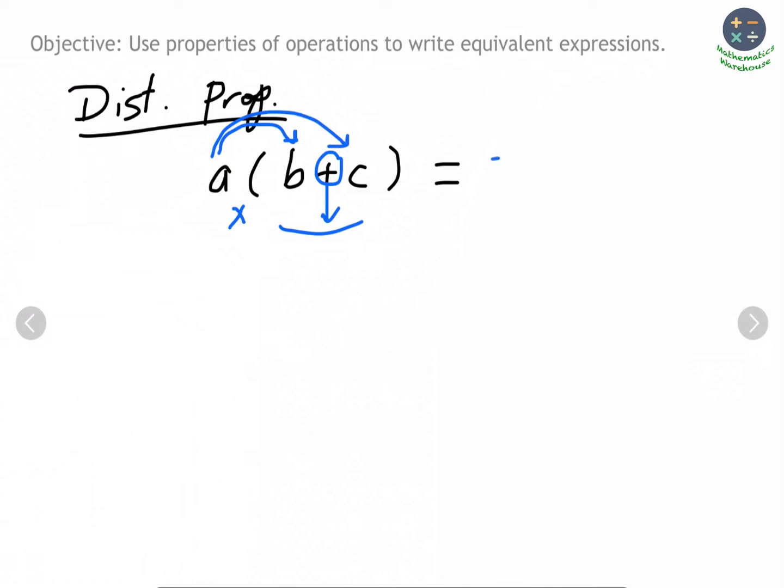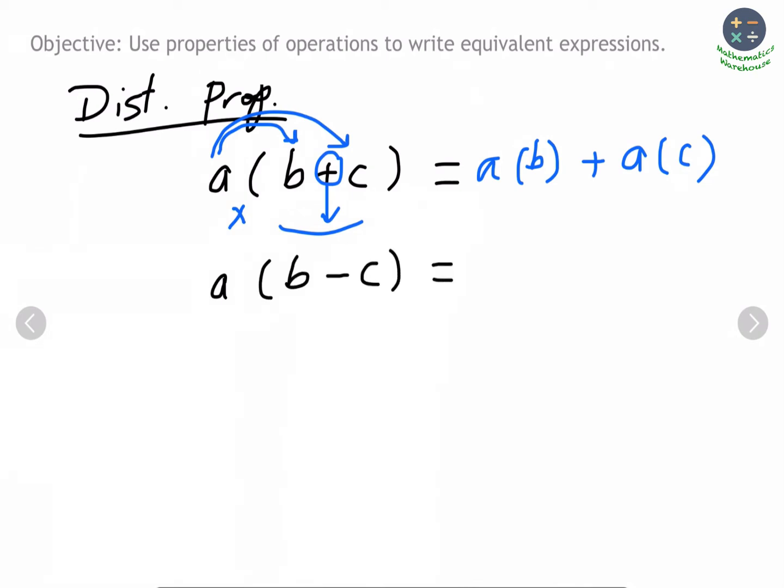So it would be a times b plus a times c. Also, if we have a times (b minus c), in the same way, it would be a times b minus, down here, a times c. Okay?